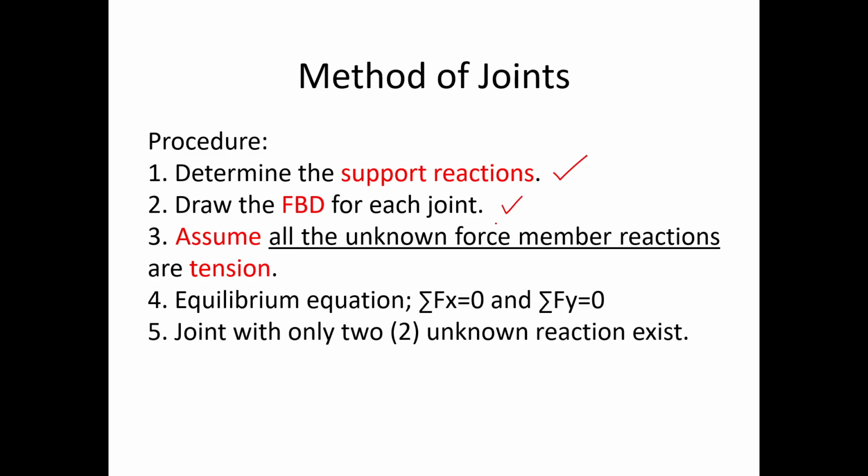You may not need to draw all FBDs for each joint, but you need to draw the FBD if you're going to analyze that particular joint. So joint hopping: when you go to joint A, draw the FBD. The next, go to joint B, draw the FBD of joint B, and so on and so forth.